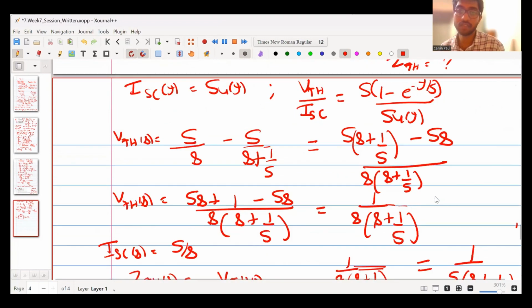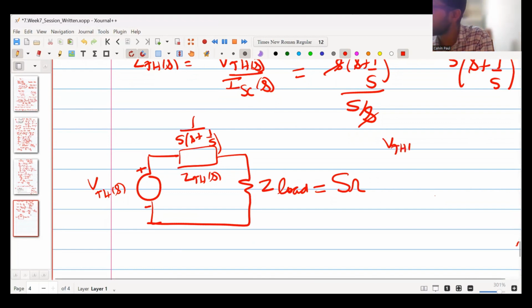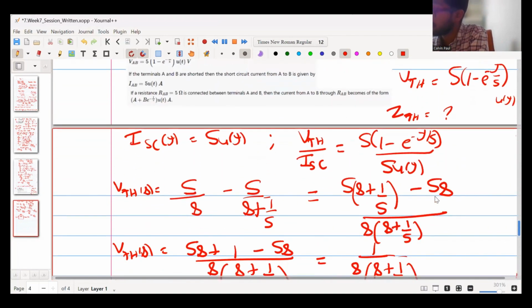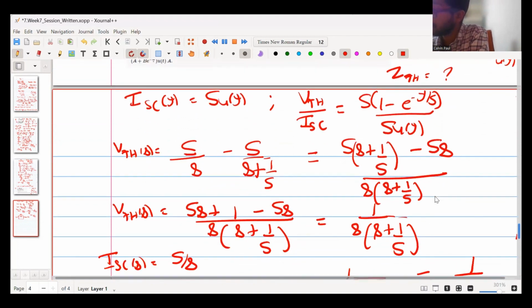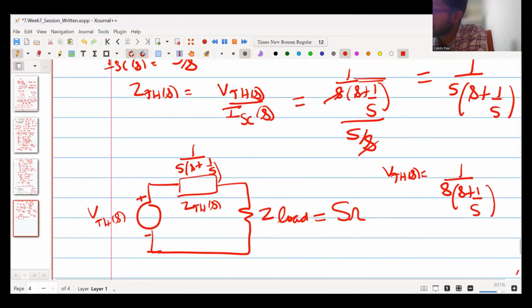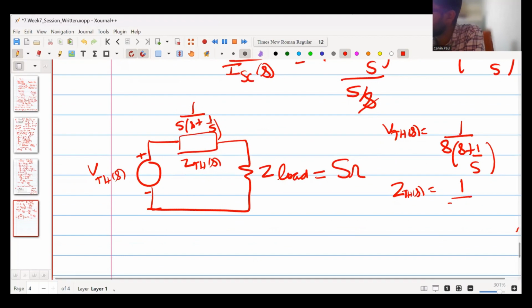And what have they asked in the question? They have to find the current. So we have VTH of S is 1 by S into S plus 1 by 5, and ZTH of S is 1 by 5 into S plus 1 by 5.